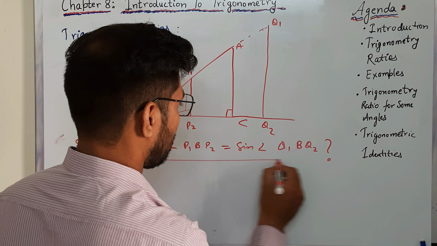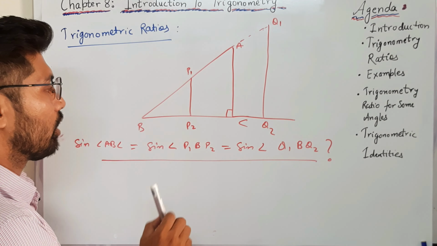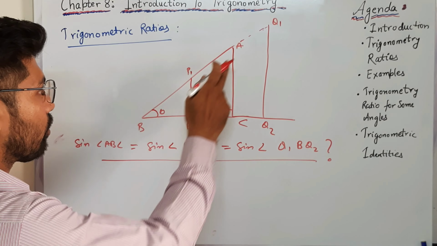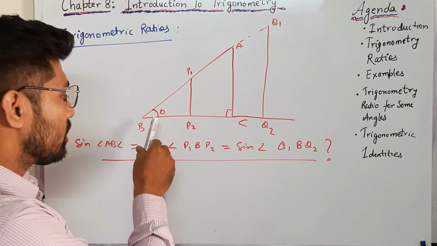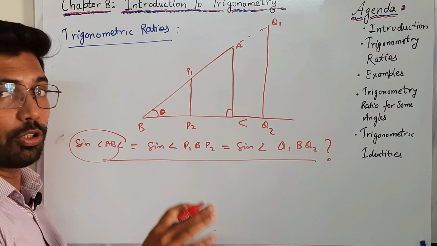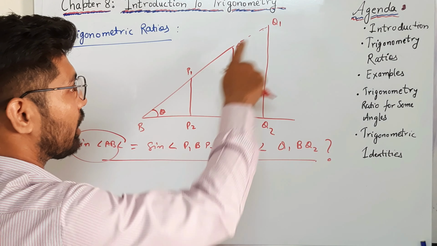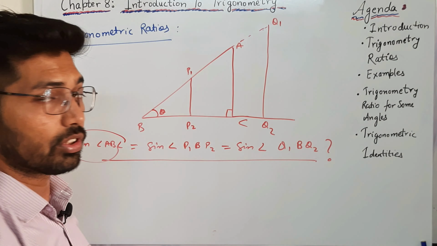So for example, this is a triangle ABC and we draw this perpendicular. This is the angle we are measuring in this particular triangle ABC. So sine of this angle ABC, we need to prove, is equal to sine of angle P1 B P2 and sine of angle Q1 B Q2. So this we need to prove.